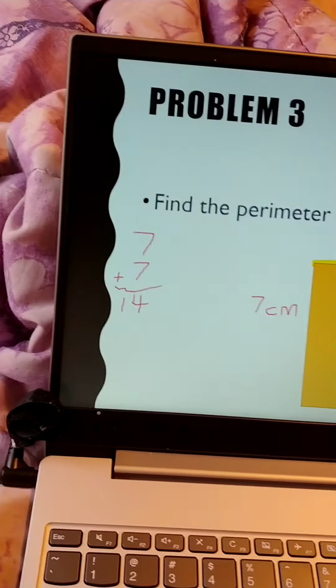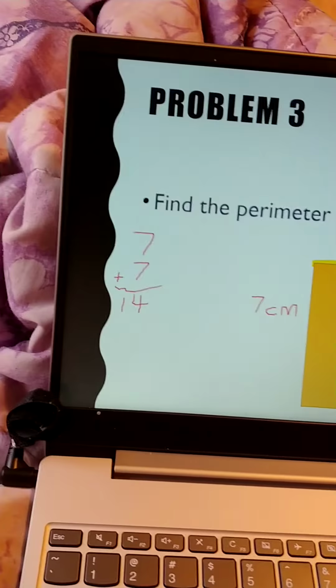And 7 cm. All right, let me zoom in so you guys can see, because I kind of had to squeeze that in there. All right, so that means we have to add.